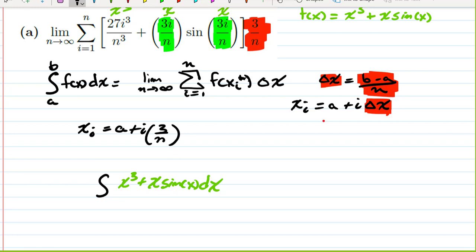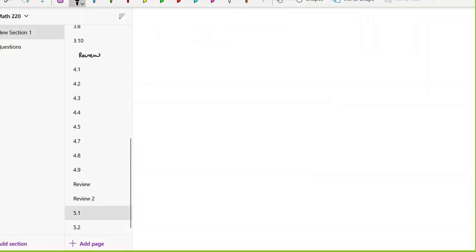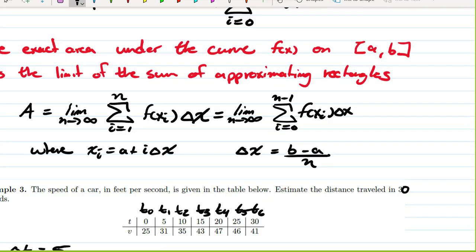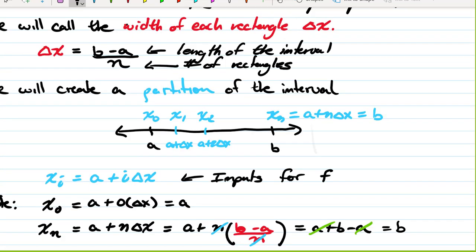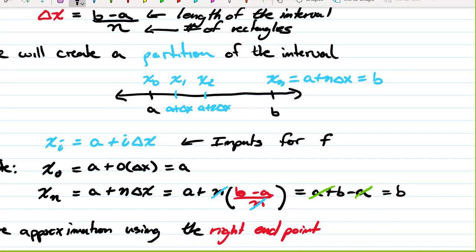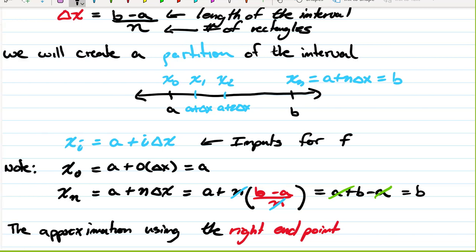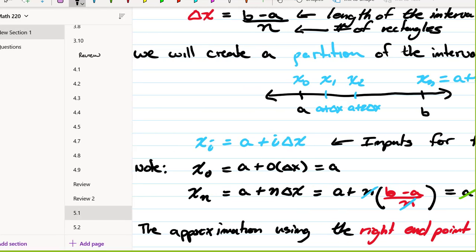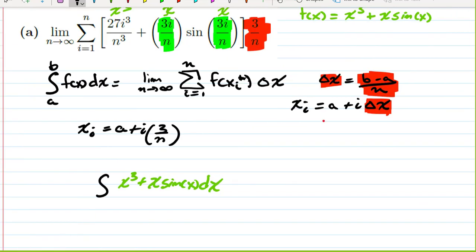So if we put in 0, if we remember from our partition from last time, when we were talking about making our partition, x sub 0 is a plus 0 delta x, which has to equal our a value. And if we plug in n, x sub n is a plus n delta x, which should give us our b. So using that fact, we can calculate our a and our b values.